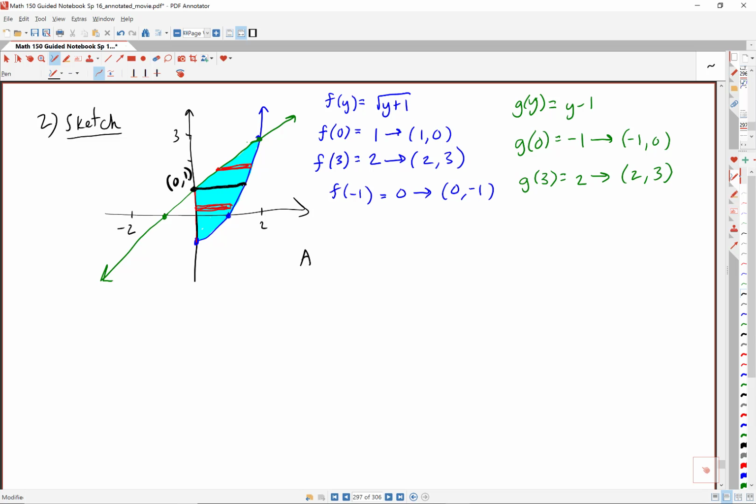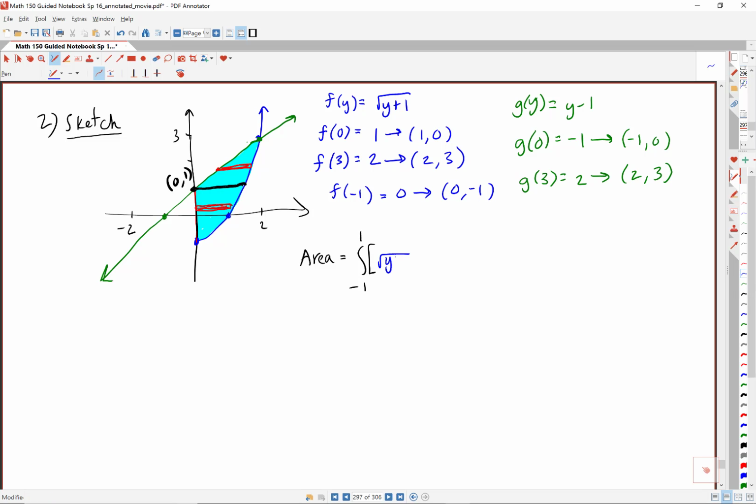This area is equal to the integral from y equal to -1 to y equal to 1, we're going to have our rightmost graph is always going to be the blue graph, which is root y plus 1.